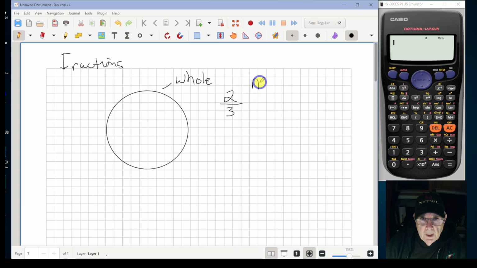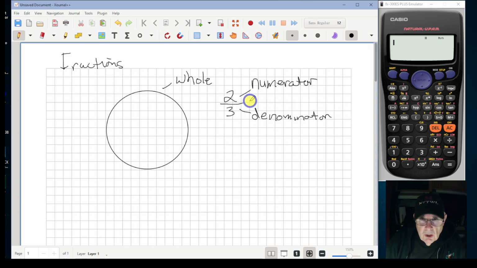We have a numerator, and we have a denominator. Again, I'm not crazy about jargon, but sometimes you need a little bit in order to understand where this stuff comes from and what it means.